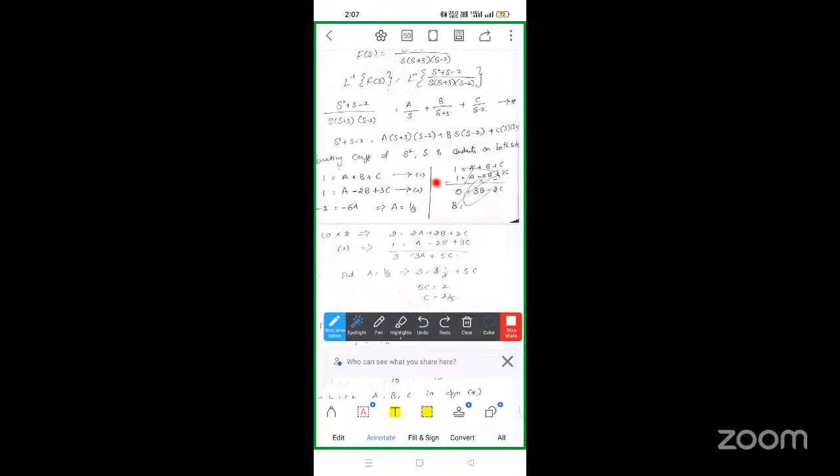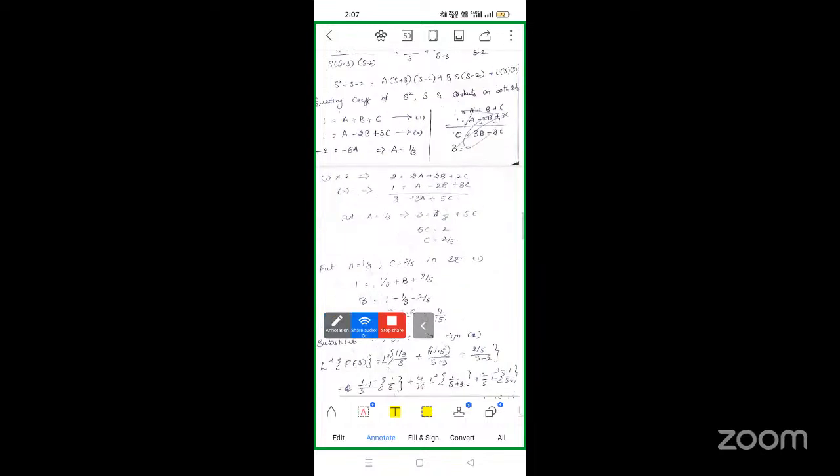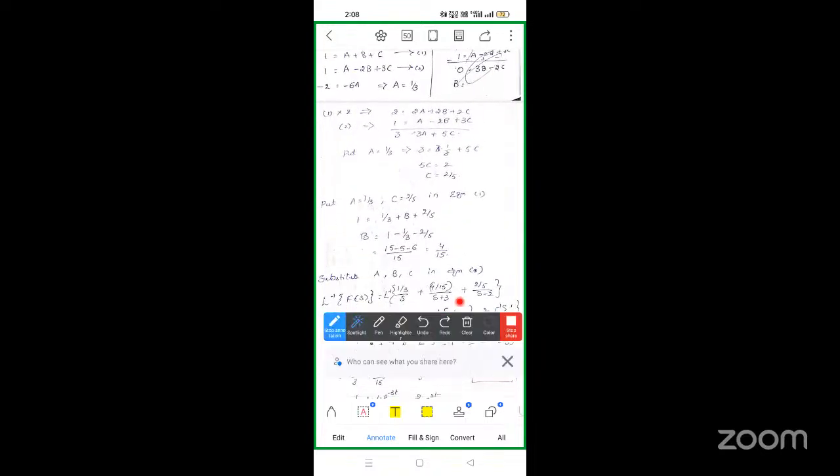Solving the first two equations, we get C equals 2 by 5, and similarly B equals 4 by 15. So A is 1 by 3, B is 4 by 15, C is 2 by 5.